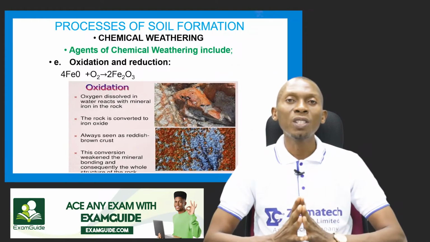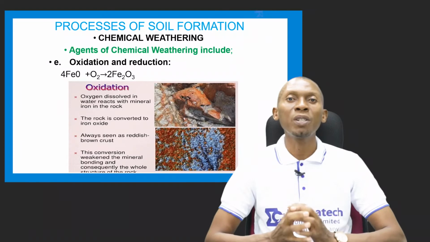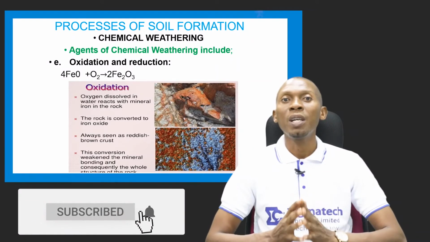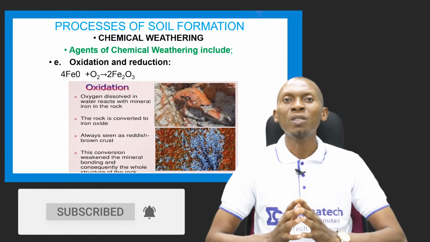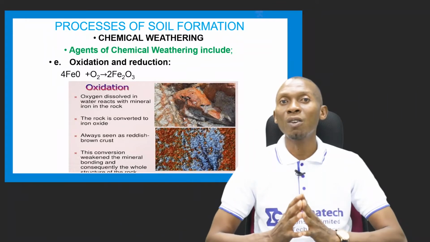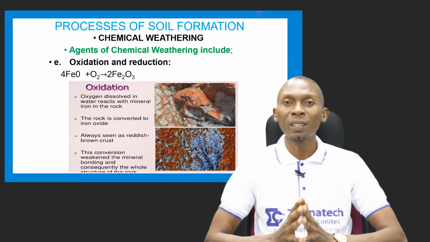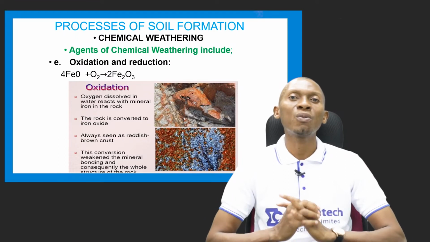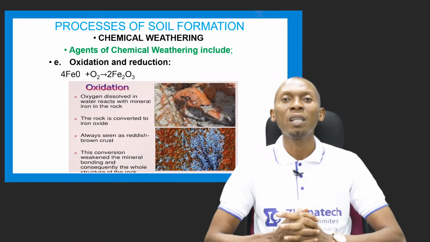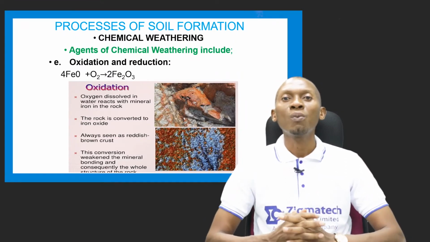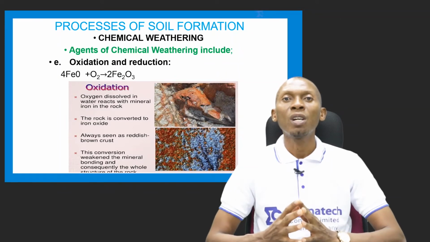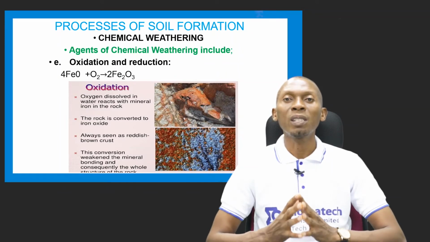So you can see, if oxygen reacts with a mineral ion, for example, the rock mineral is converted to iron oxide, which is seen as a reddish brown crust. Now, this conversion will eventually cause the rocks to disintegrate.